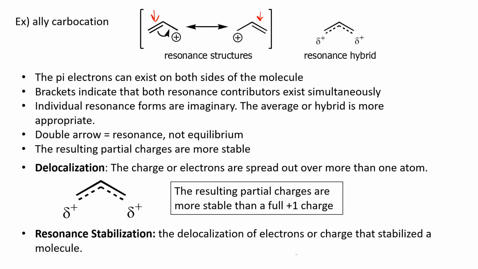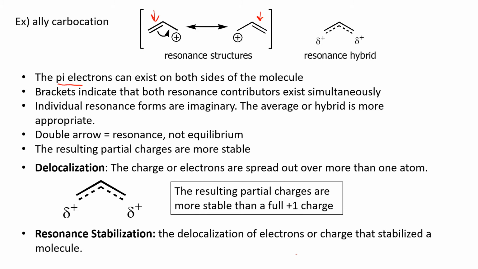Now, what's happening here is the electrons are moving between the different carbon atoms. Before we get into drawing resonance arrows and drawing resonance structures, there's a couple things about resonance structures that we need to know first.